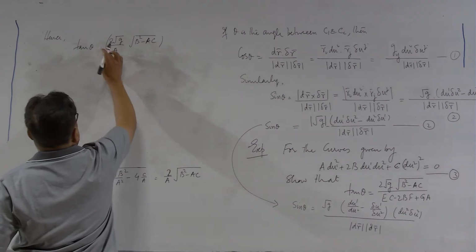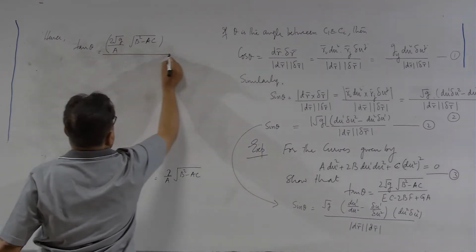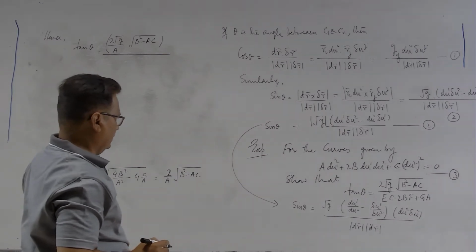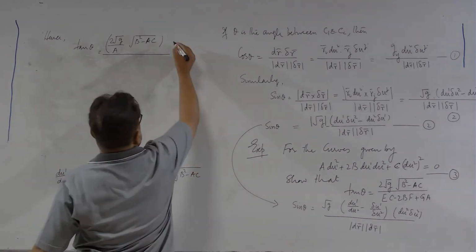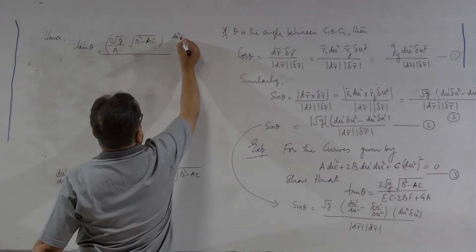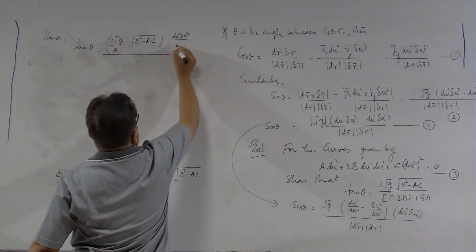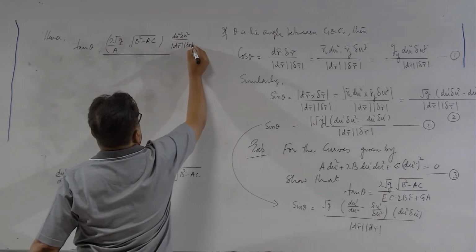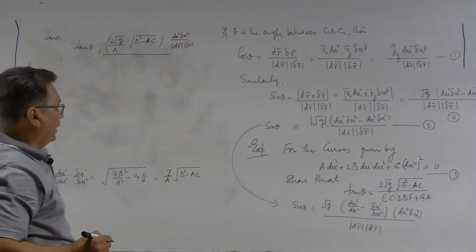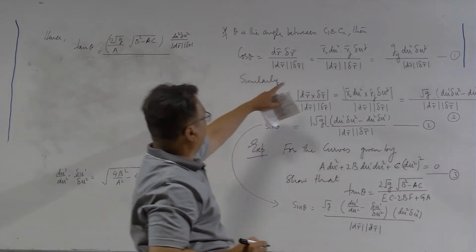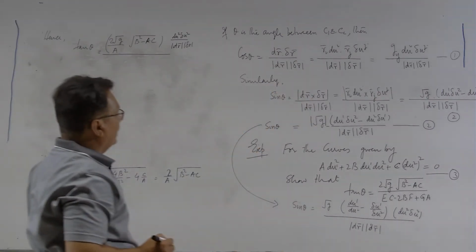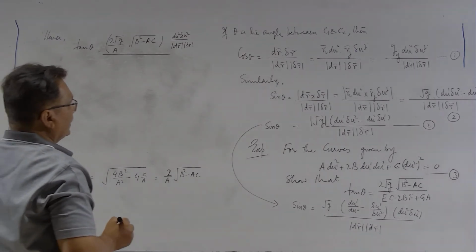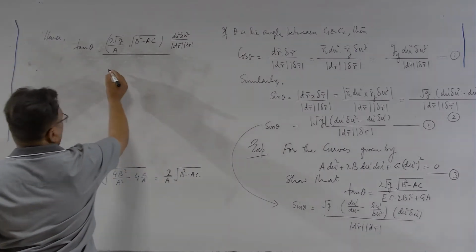And then you have that term also, du2 delta u2 upon mod dr mod delta r, okay, and cosine theta is here. Let me expand it, cosine theta.